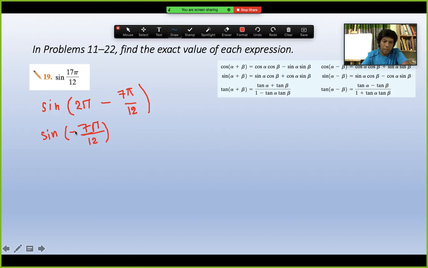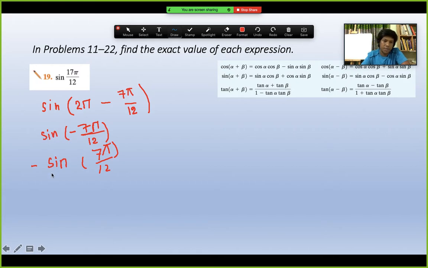But we have one minus sign inside the bracket, and since this is sine, this minus will come out. So basically it will be minus sine 7 pi divided by 12, due to the even-odd property of sine, cosine, and tan. We know that for sine and tan, the minus sign comes out, and for cosine, cos of minus theta equals cos theta.